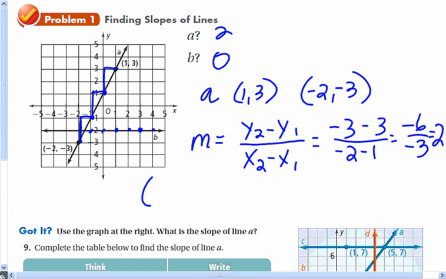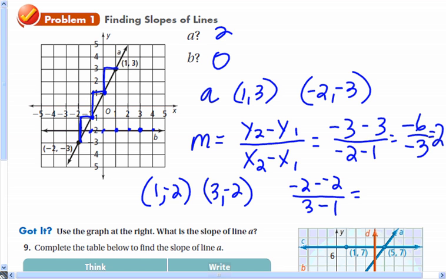So pick any 2 points, 1, -2 and 3, -2. If we put those 2 points in the slope formula, we get -2 minus -2 divided by 3 minus 1, which is 0 divided by 2, which is 0. So 0 slope.